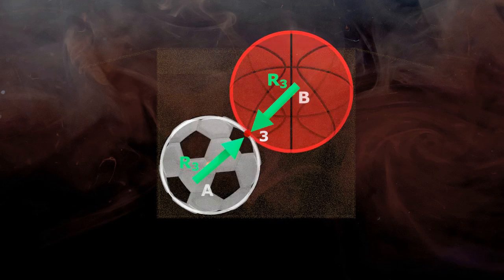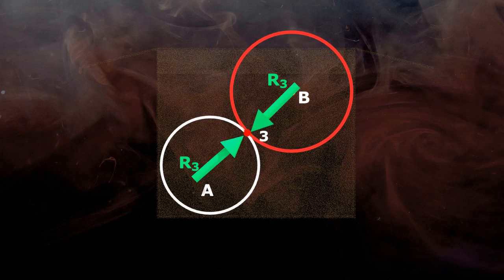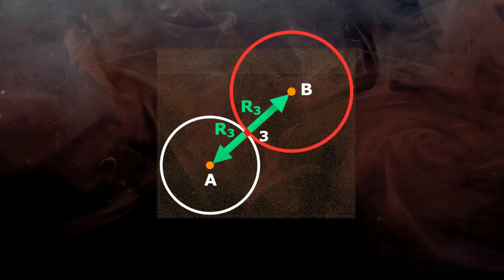Also, R3 passes through same point of contact 3 and center of gravities of respective spheres. The line of action of R3 is along the line joining center of gravity of both balls, that is AB.